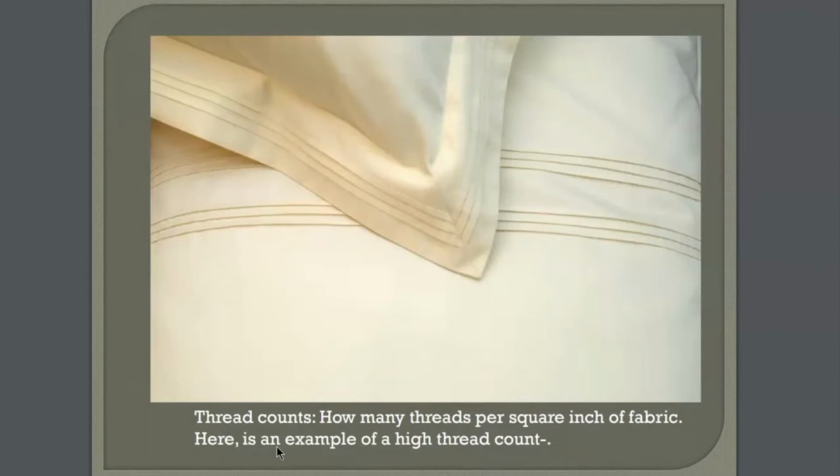So a question that I often receive from students is, what is a good thread count? Is it 100 threads per inch? Is it 500? Is it 250 per square inch? So I have talked to a fabric rep about it. And 100 to 250 threads per inch is a great thread count.